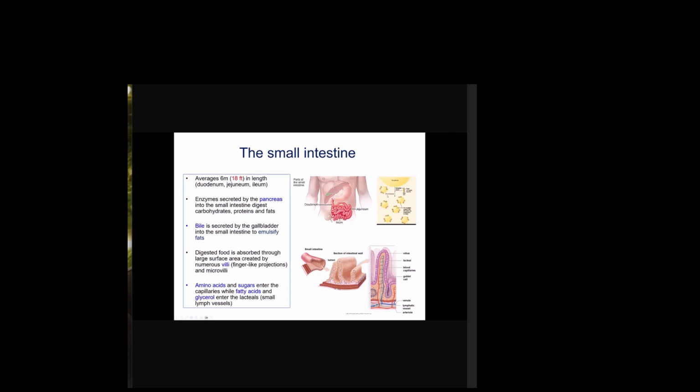And the goal of doing this is to increase the surface area on which the enzyme lipase can go and act on the fat to break it down. Where is bile produced? Bile is produced by the liver and stored in the gallbladder, and then connects to the duodenum.